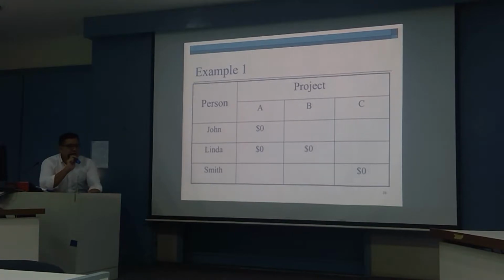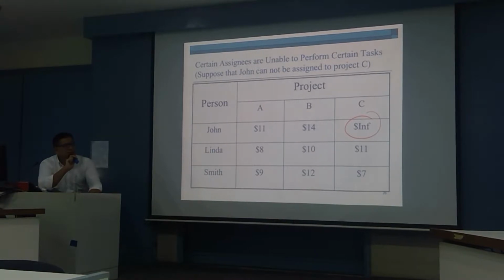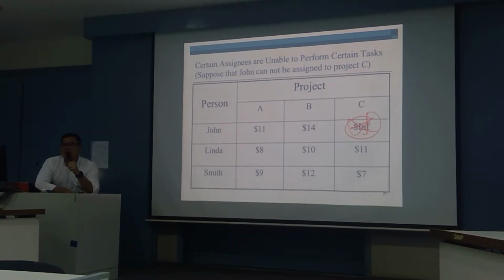If you have the condition that you cannot assign someone to a project, you can just change the cost to a very big value and do the same steps. Another approach, just like I told you last week, is that if you don't want to change the cost, you can use a pen to mark that cell with a star or X. And in every step of your calculation, we do not involve that cell.